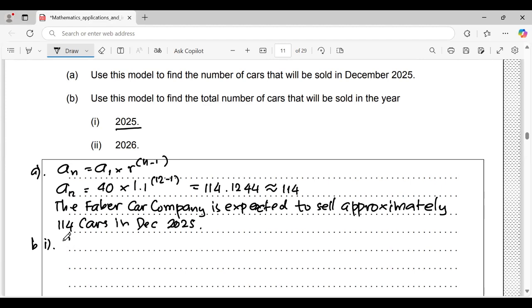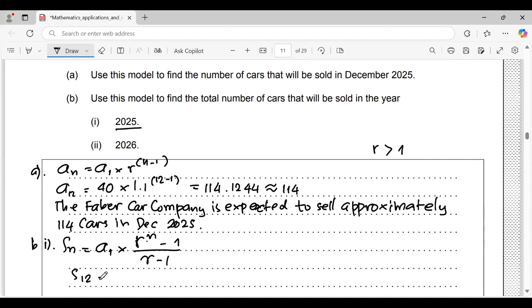The formula is S_n equals a_1 times, for r greater than 1, r to the power n minus 1 over r minus 1.